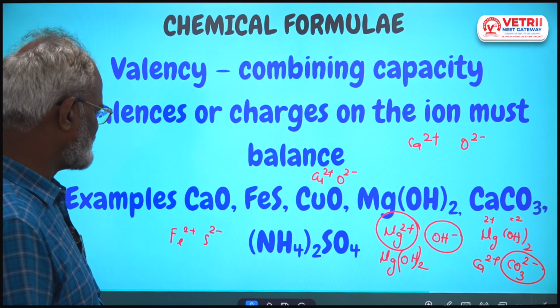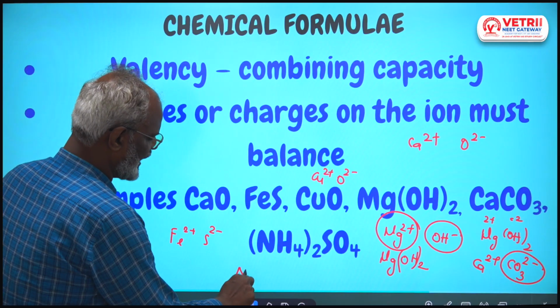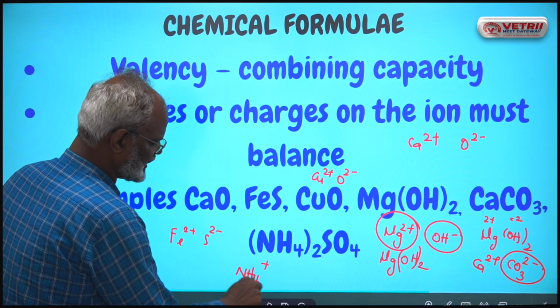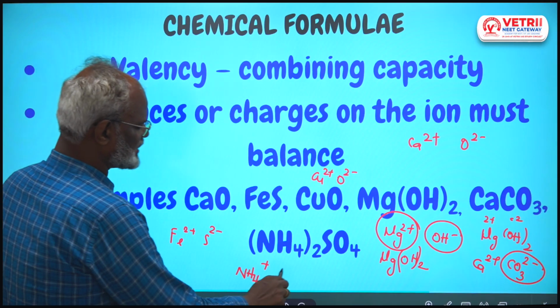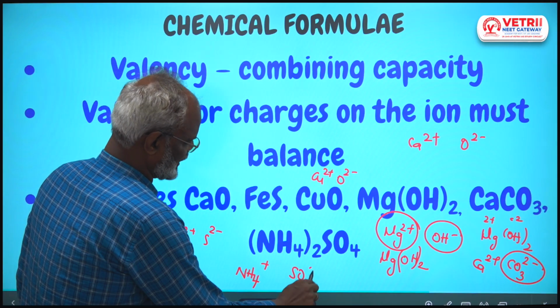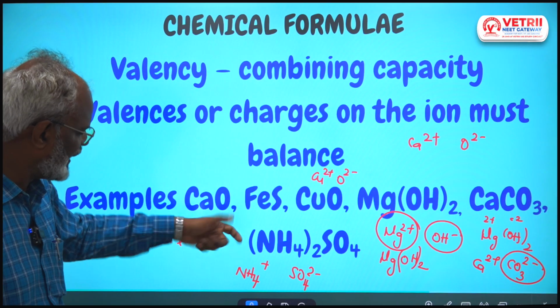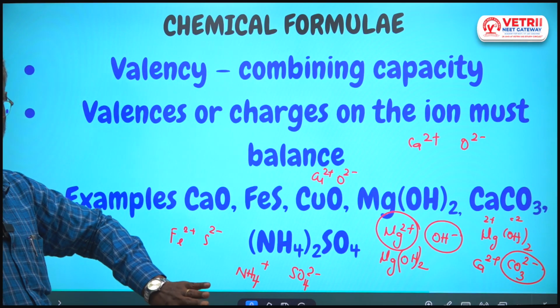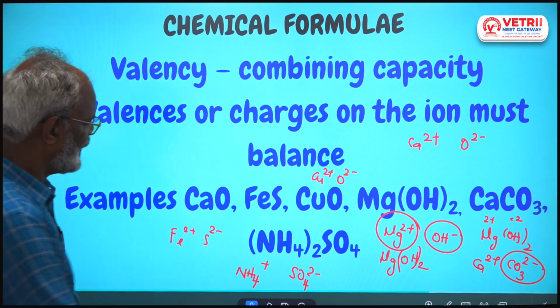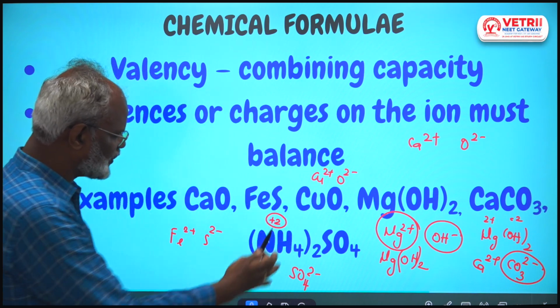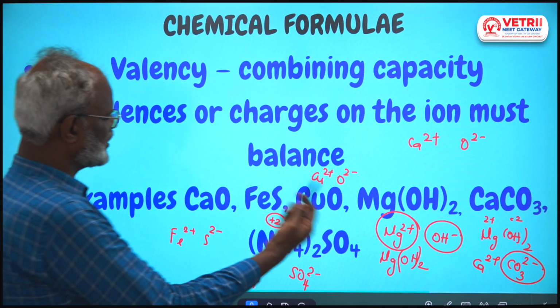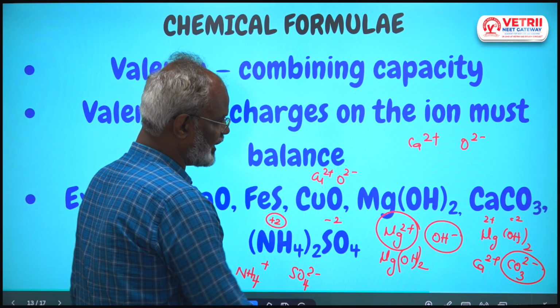Then if you take ammonium sulfate, we have NH4+, which is the cation. Here only 1 plus is there, but SO4 is 2 minus. Therefore it has to be (NH4)2SO4. For one NH4 it is 1 plus, for NH4 twice it is plus 2, and SO4 is 2 minus, so the charges balance.